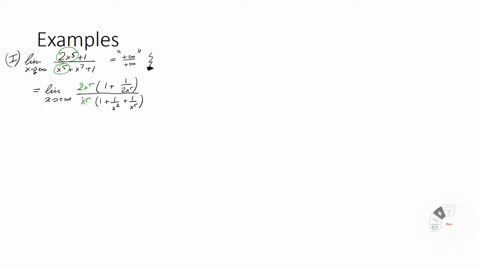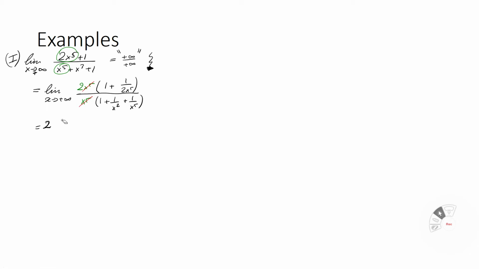And now we see an interesting cancellation. So this x to the power 5 and this x to the power 5 drop out. And now we can continue to compute. So we have the limit of a constant times something. So that's 2 times the limit.